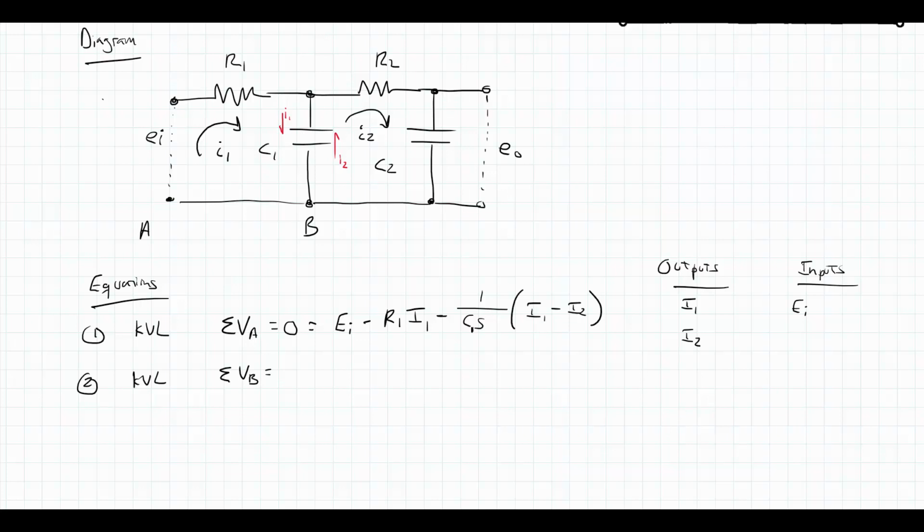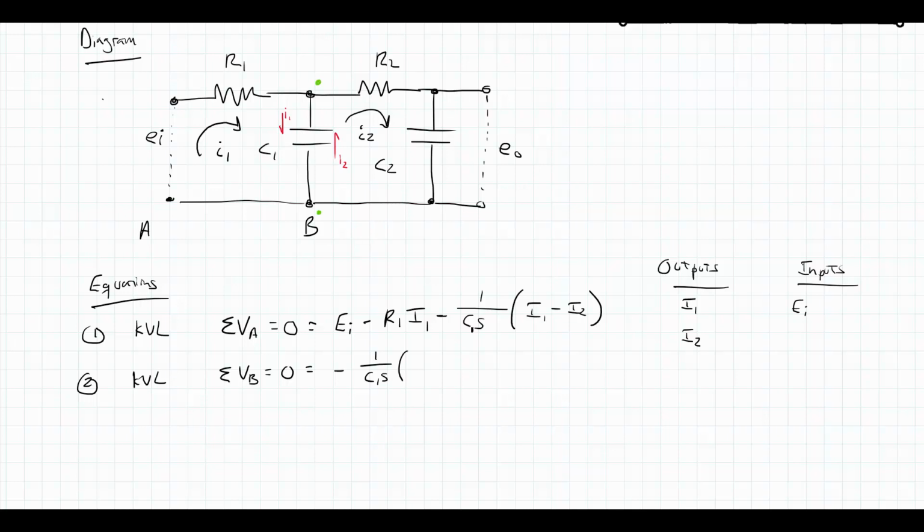Now I could start at A again, and instead of going down across C1, I could have gone across R2 and then down C2 and then come back. That would be another KVL equation I could use, and that would be fine. But I'm going to choose to do it a little bit differently. I'm going to start at B and travel up to that top middle node. As I do that, I immediately have a voltage drop because I'm going across a capacitor here, so minus 1 over C1s.